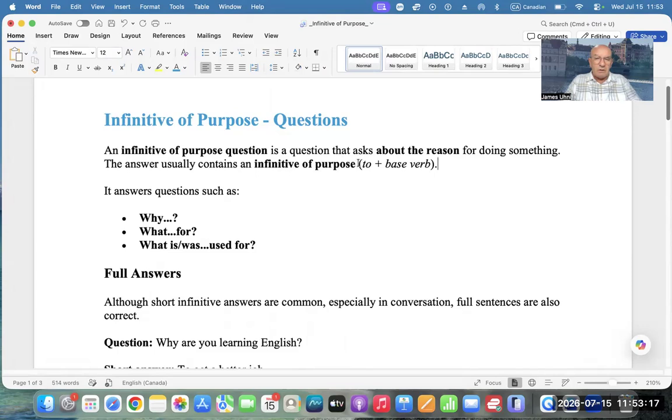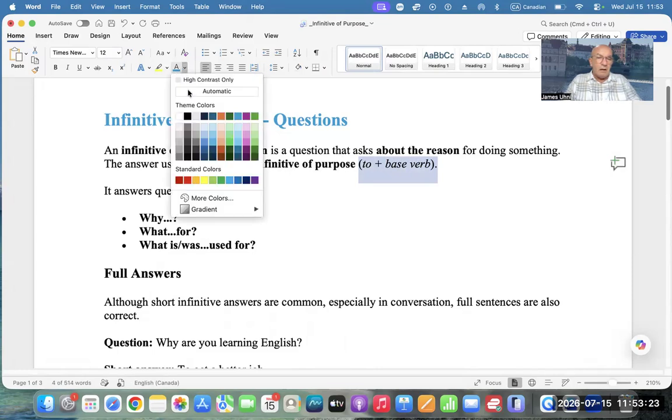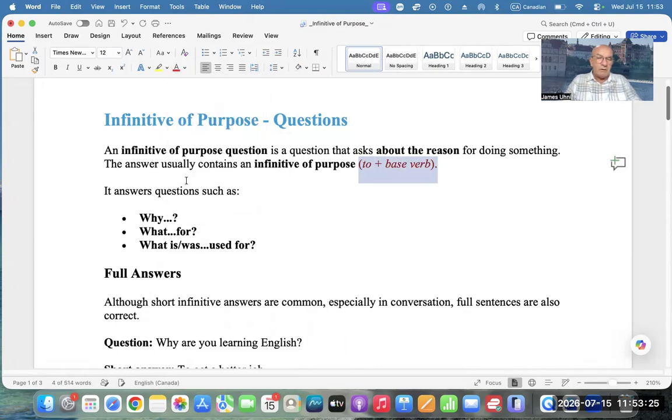So I will highlight this in red, and we'll explain a little bit more in this explanation.